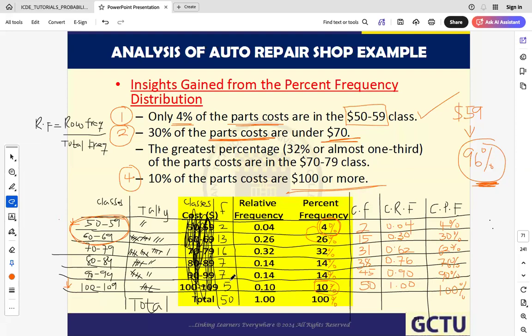And how many invoices gave that? 5 different invoices gave spare parts cost which were more than $100. In terms of percentage, it means 10% of the invoices were giving spare parts costs which are $100.